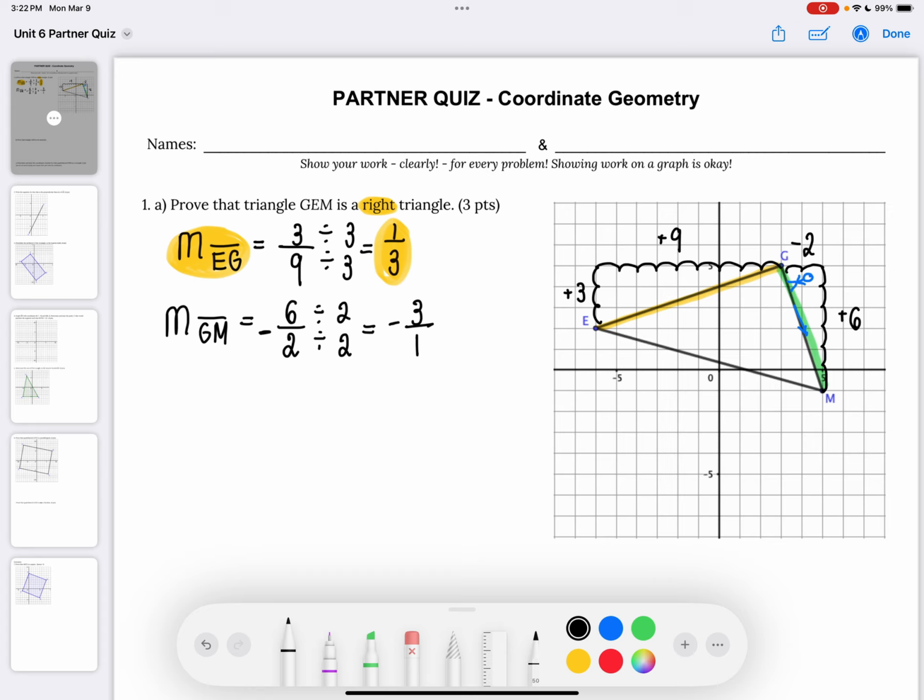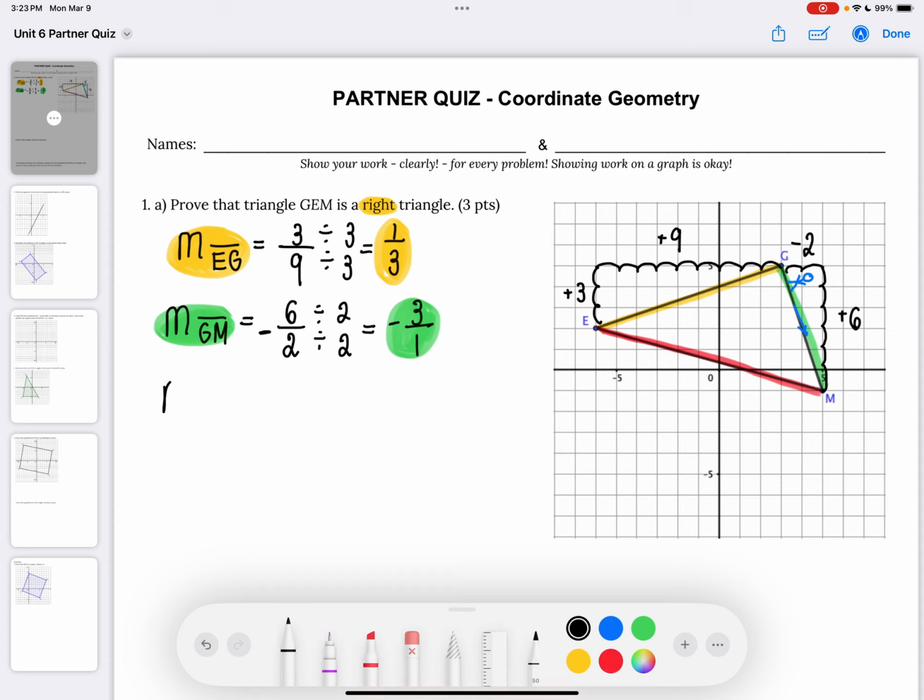So now I am going to show the slope of the other line segment, just in case that one is the one with opposite reciprocal slopes. So I can highlight that as line segment EM.